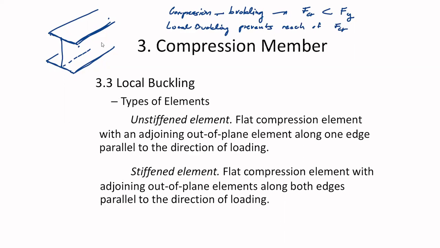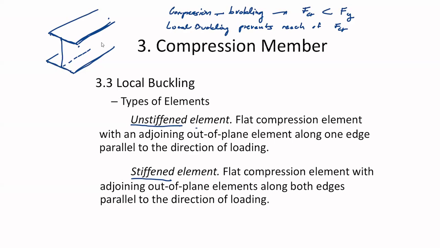Now, in considering the local buckling issue, the AISC categorizes the elements into two types. The first is called unstiffened element. The second is stiffened element. The definition can be slightly confusing, but it's not a big deal at all.